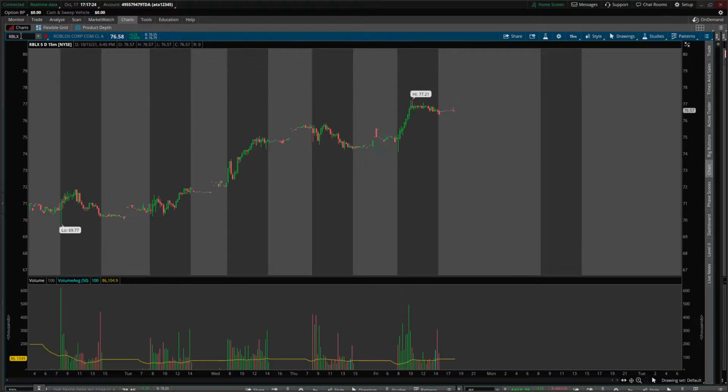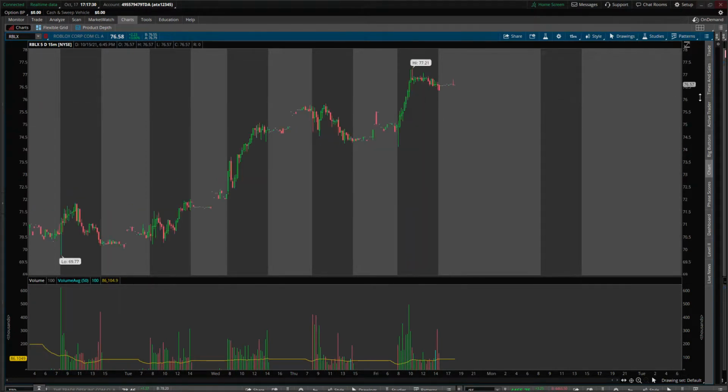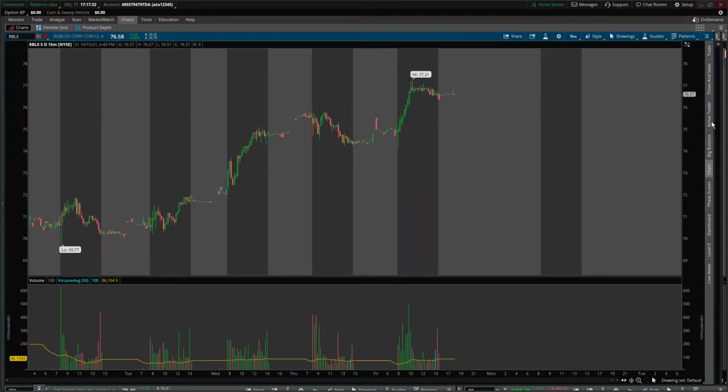And so we're going to be going over how I would mark up Roblox for this coming week. So first step for marking up for my system is you need to identify some previous consolidation, some previous chop of multiple days or even multiple weeks.